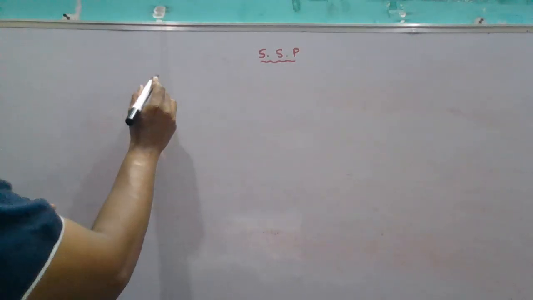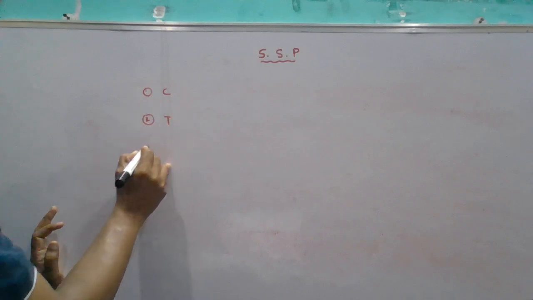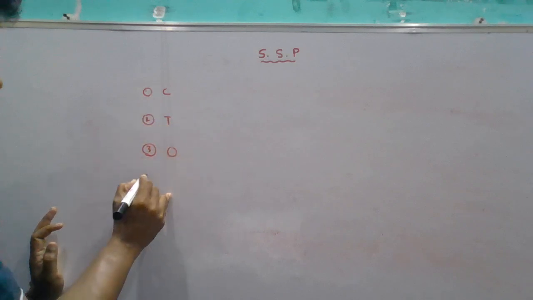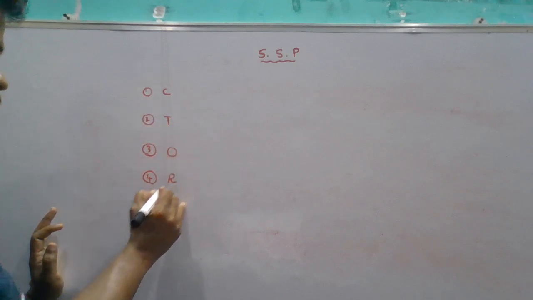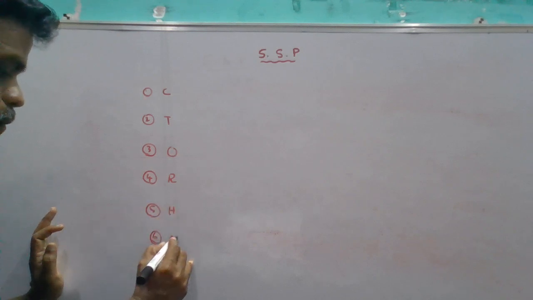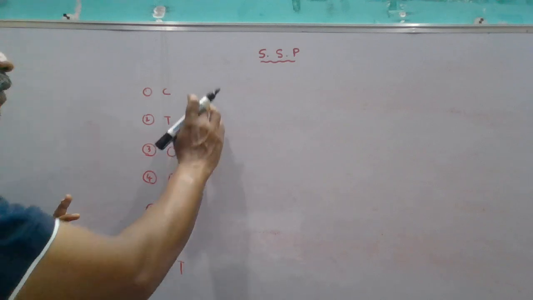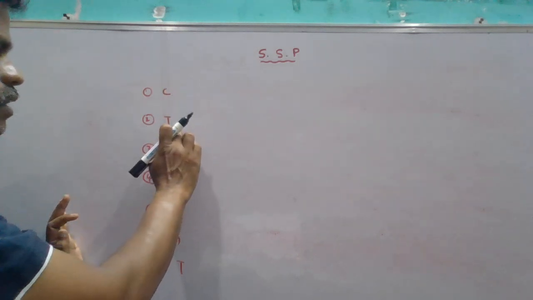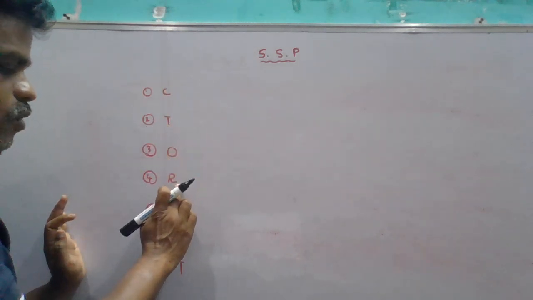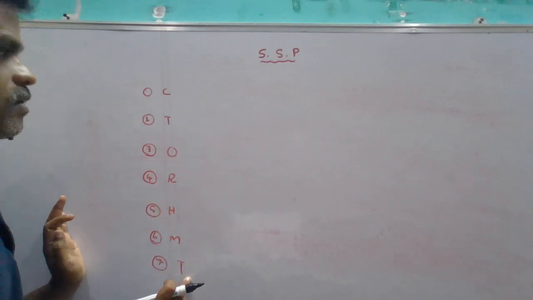Look here: C, T, O, R, H, M, T. Cubic, tetragonal, orthorhombic, rhombohedral or trigonal, hexagonal, monoclinic, triclinic.